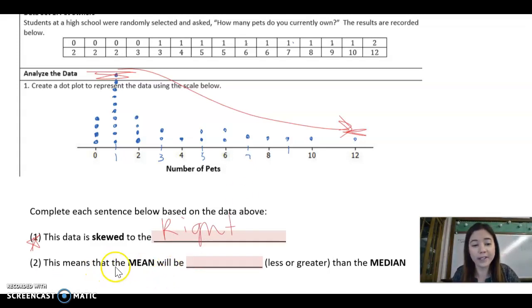Okay, so what does this mean about the mean? If I am right skewed, is my mean going to be less than or greater than the median? Take a second and think about it. Scroll back up if you need to.